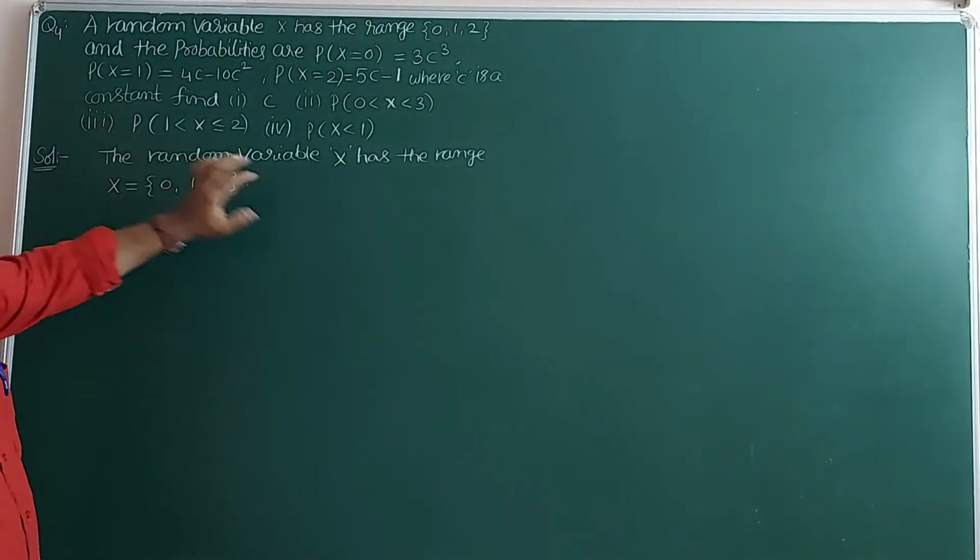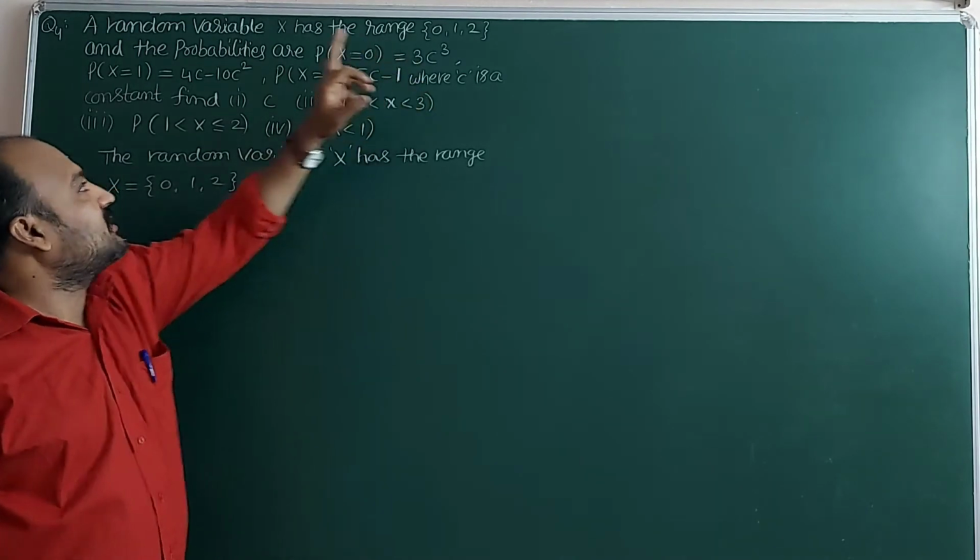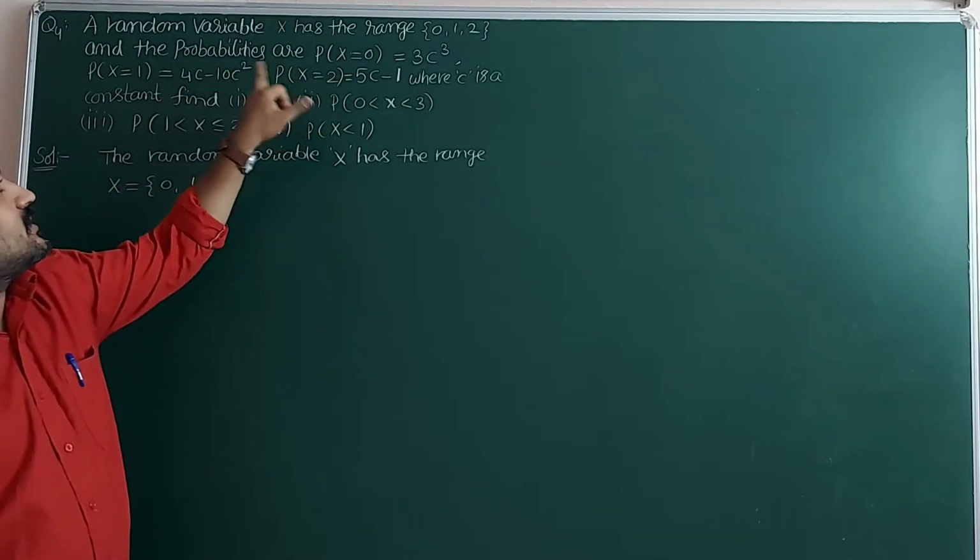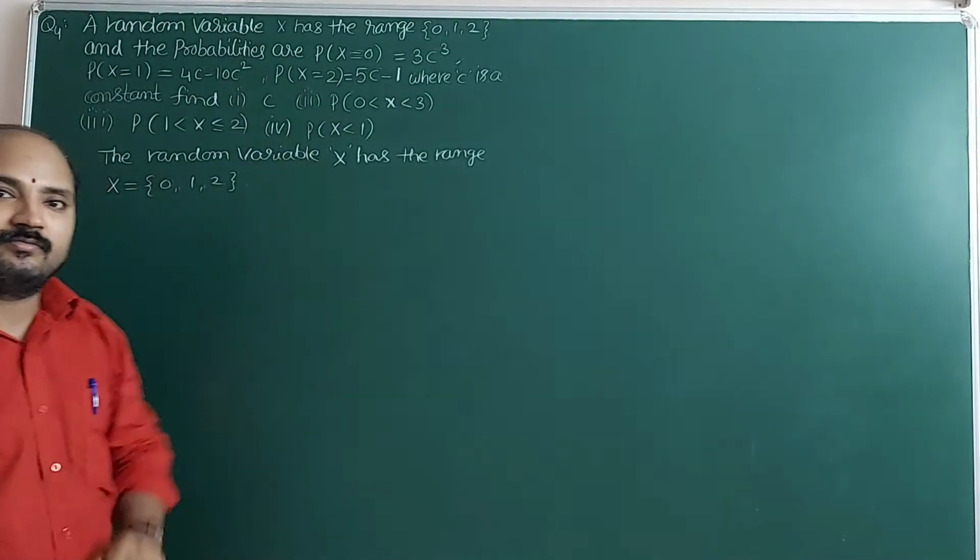So these probabilities are given respectively as 3c cube, 4c minus 10c square and 5c minus 1.